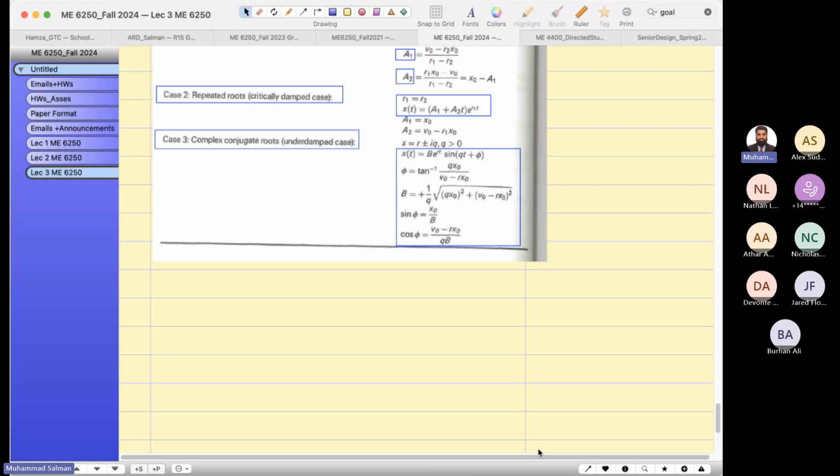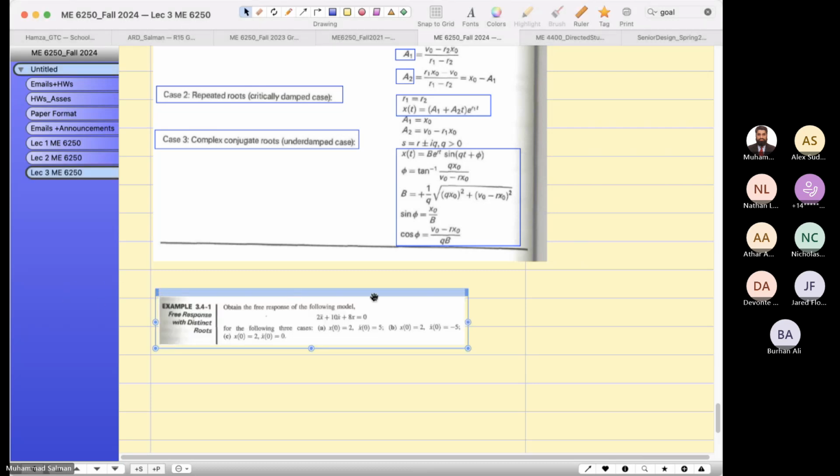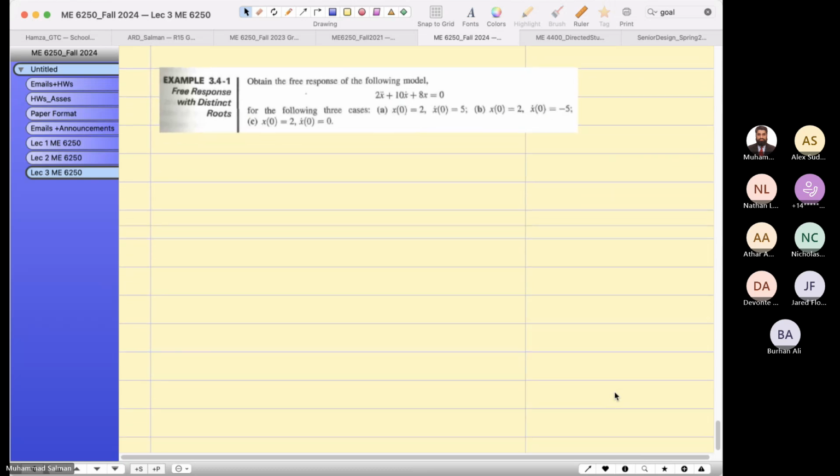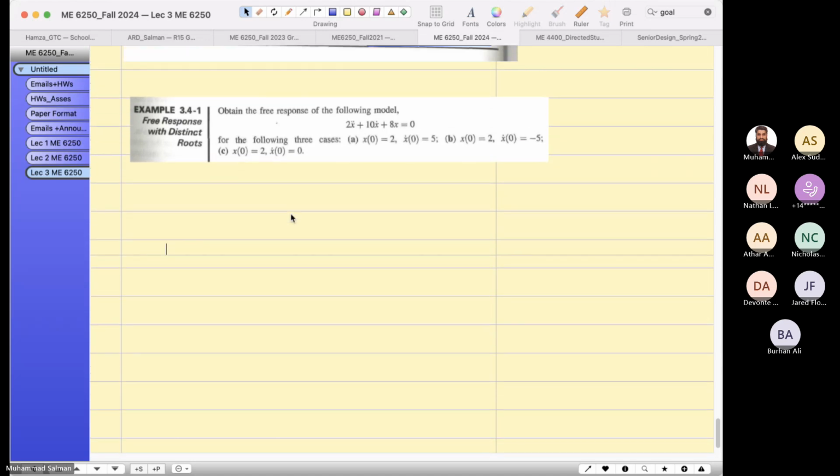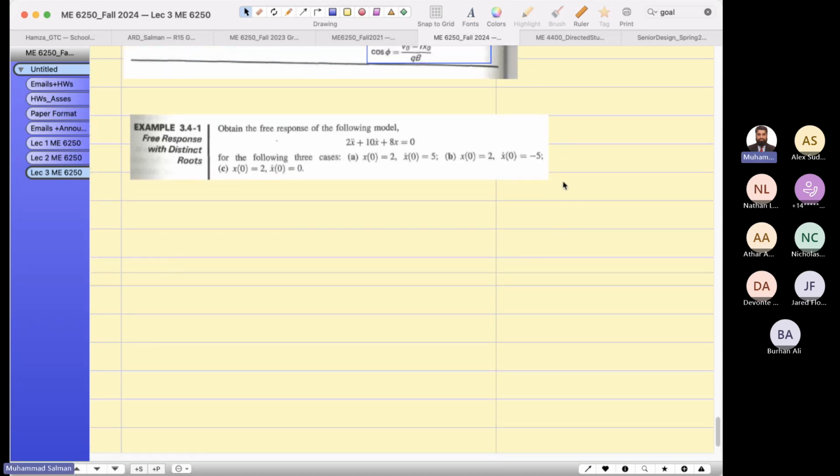So let's do one problem. The problem is to obtain the free response of the following model. The initial conditions are given.